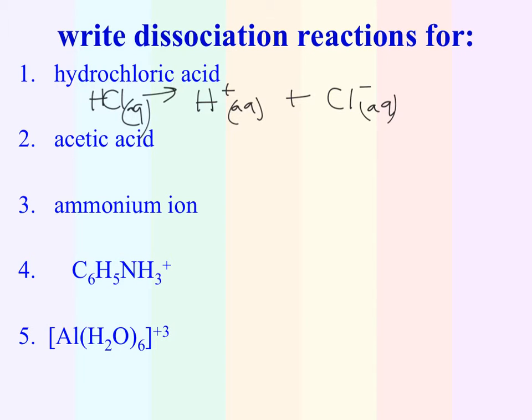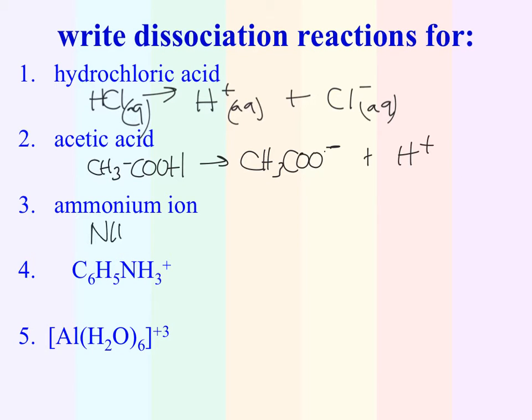If we look at acetic acid, remember acetic acid is going to dissociate into acetate. Ammonium ion is going to dissociate into ammonia and that proton.